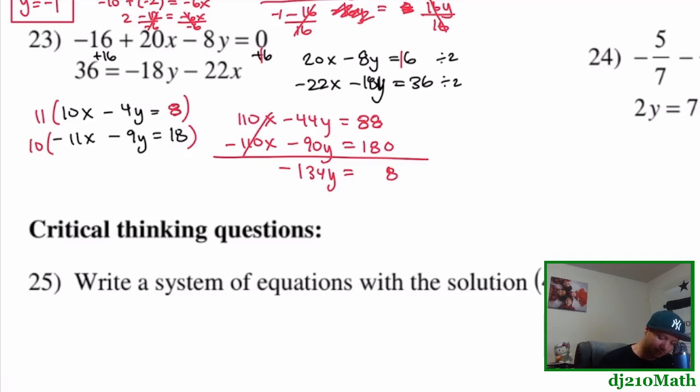Because 8 and 8 is 16. Carry the 1, 268. Ah, that's better. Divide both sides by negative 134. Right, negative 134. That's half of 268. Like immediately I see that. So y is equal to negative 2. No, negative 2. Y is equal to negative 2.